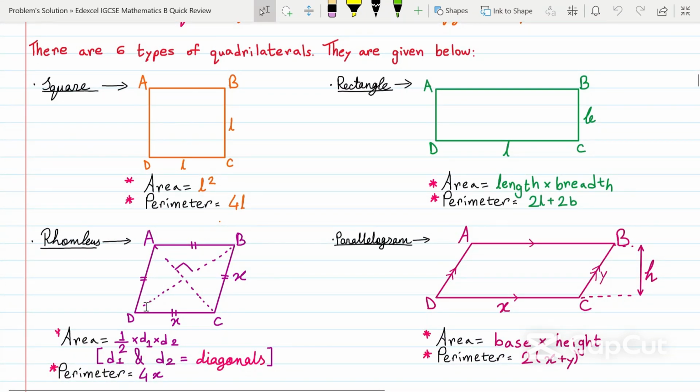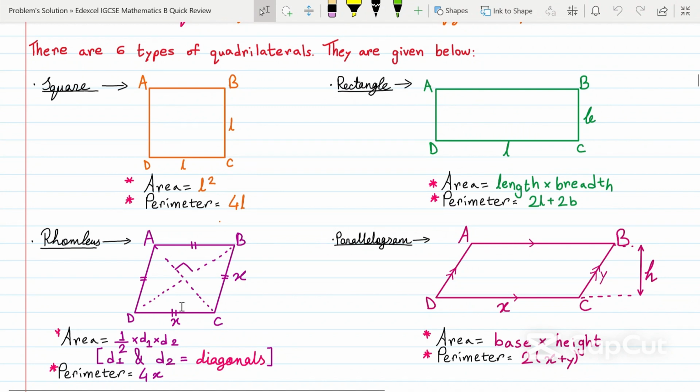Here all sides are of equal length, and if we draw two diagonals, the angle between the diagonals equals 90 degrees. Here you can see the perpendicular line. And whenever you go to solve a question regarding a rhombus, don't forget to put these equal marks over each line, and don't forget to draw the diagonals and give this perpendicular line, or else you will lose marks. Be careful, guys.